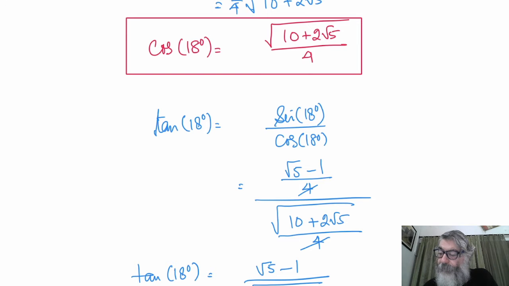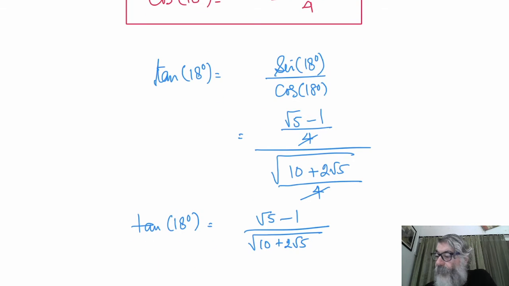This is the value of tan 18. We'll write it in red also, in a different color for your benefit. Tan 18 degree will be equal to root 5 minus 1 upon under root 10 plus 2 root 5.